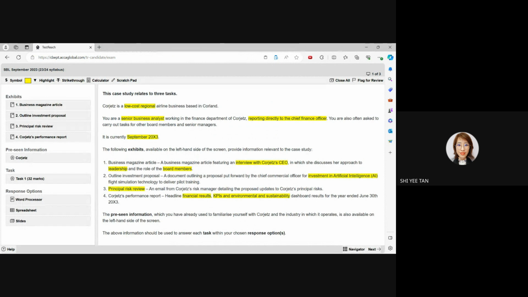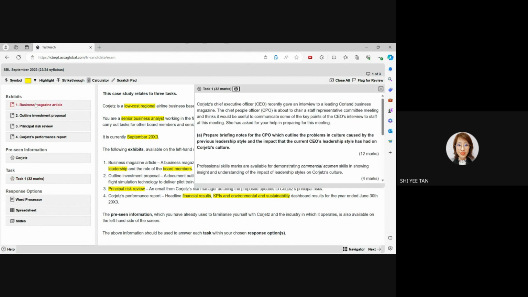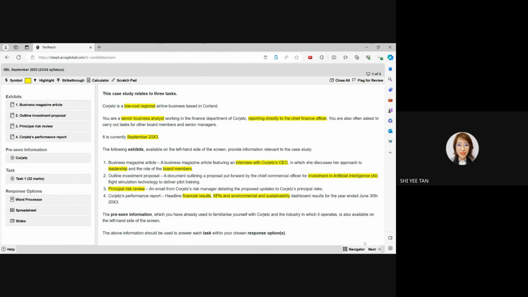But because you need to navigate to see all the tasks, you have two options. First, you can look at the task and see which exhibit is related to it. You read the task, then read the relevant exhibit, then plan the answer for this first. After that, you go to task number two, see which exhibit is related, and plan for task two. Then only you proceed to task number three.